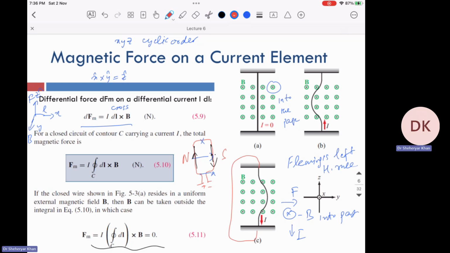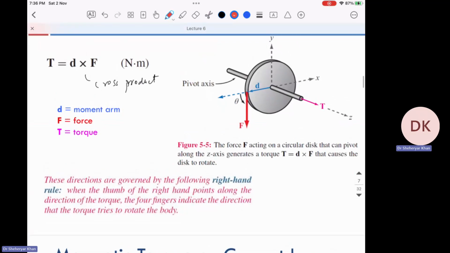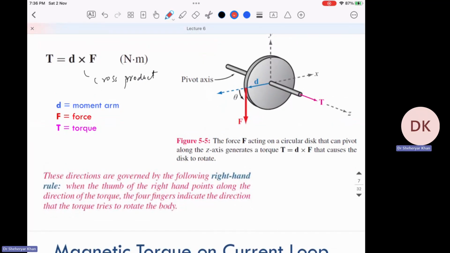The sum is zero. So if the sum is zero, how can we figure out the concept? Before we study that, we have to first look at how torque works.